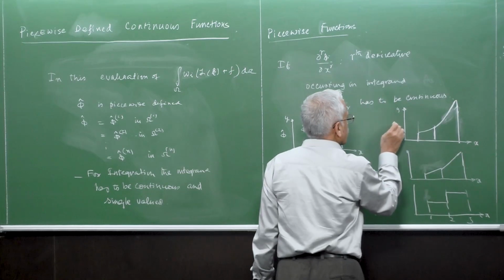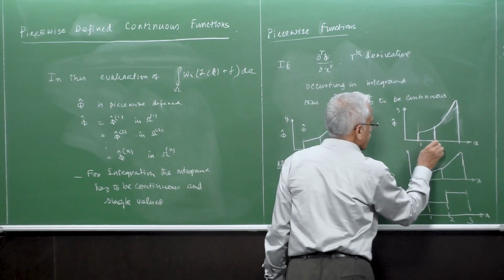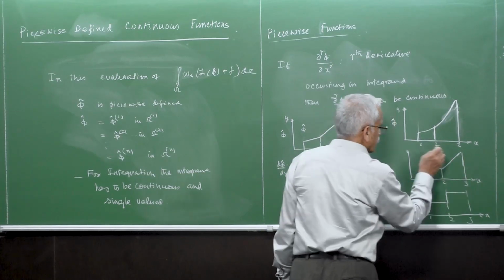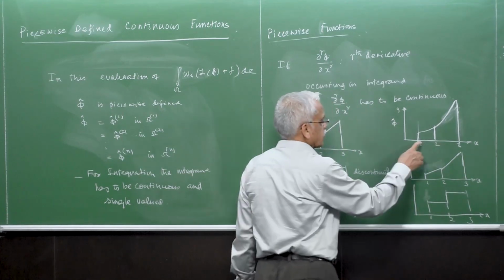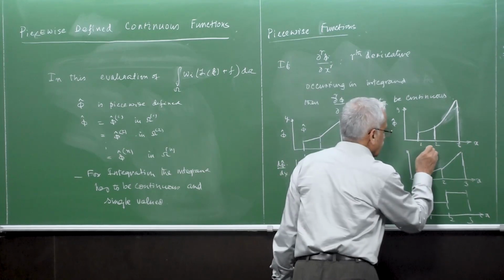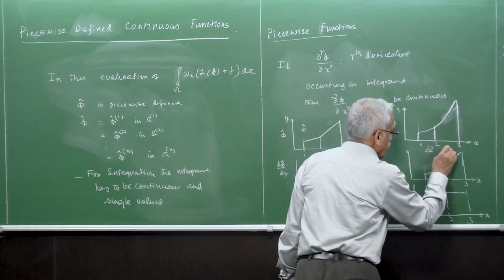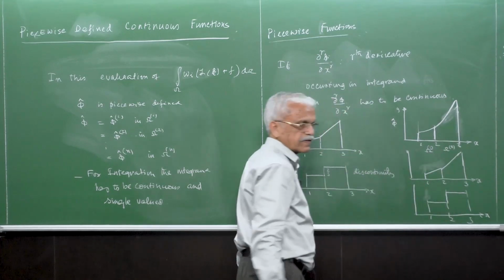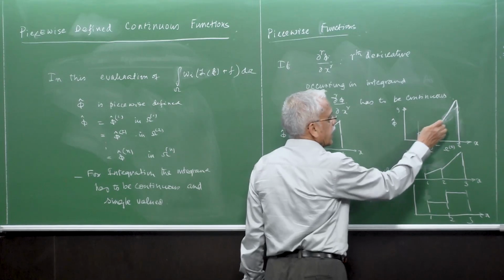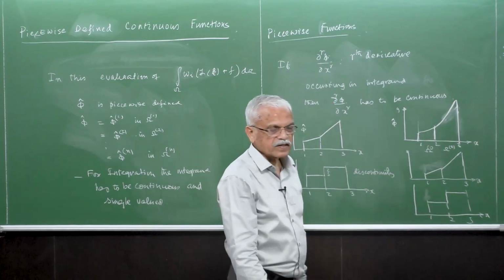Look at this type of function, defined on two domains, omega 1, x1 to x2, and omega 2. There is one parabola here and another parabola here, second degree.